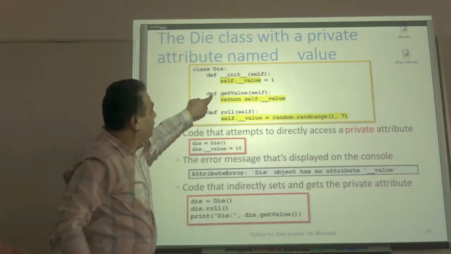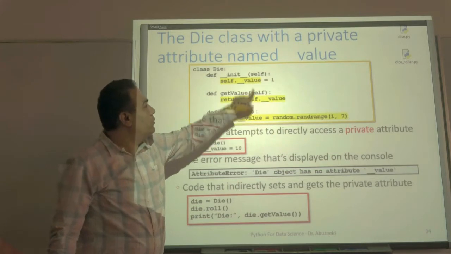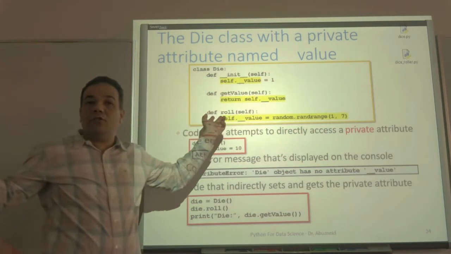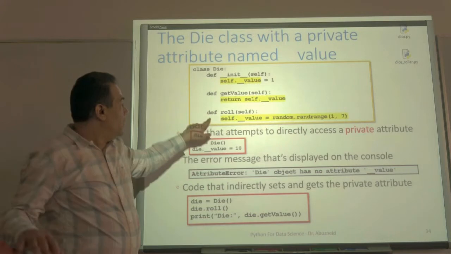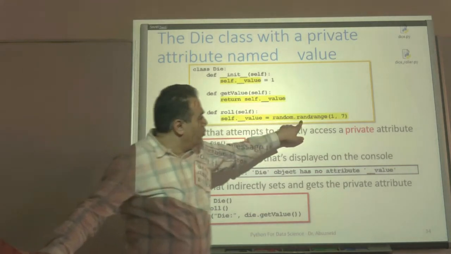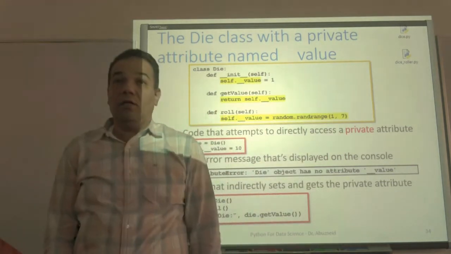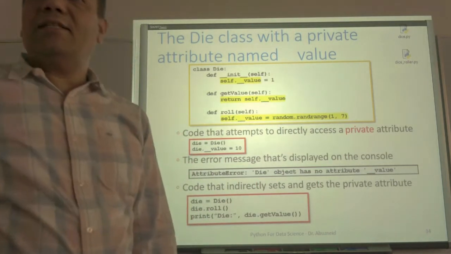For the getter, get value with self, I'm just returning the value, just reading it. To set it, I use random range from 1, so it will give it a value from 1 to 6 only. That's the only way I can set it.